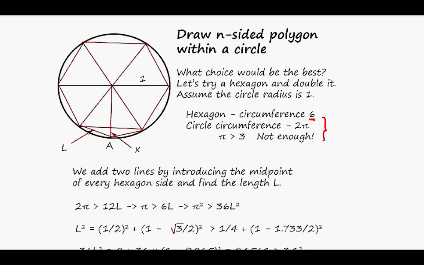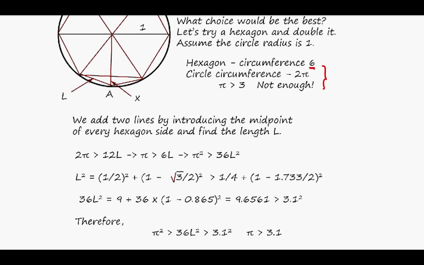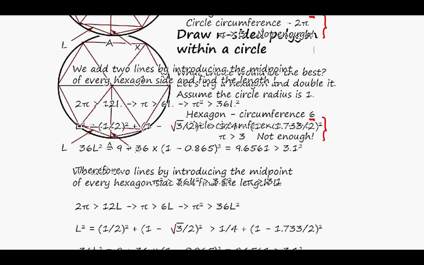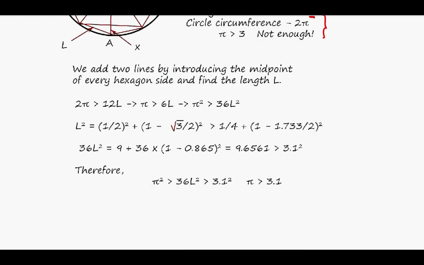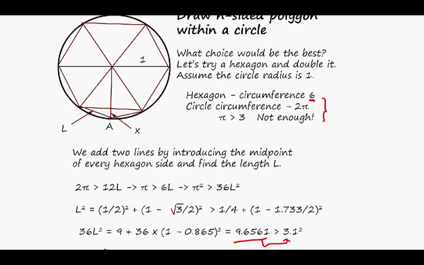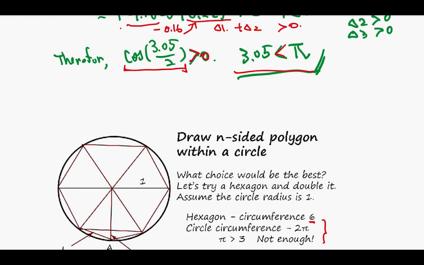We add lines by introducing the midpoints, and you calculate a slightly larger polygon. Going from here to here is a little bit tricky, but if you do that, we can show this. That means pi is larger than 3.05. So that's the generally accepted solution.